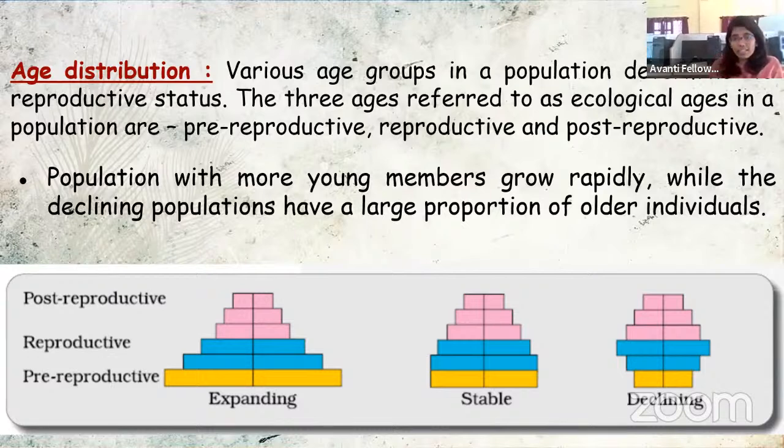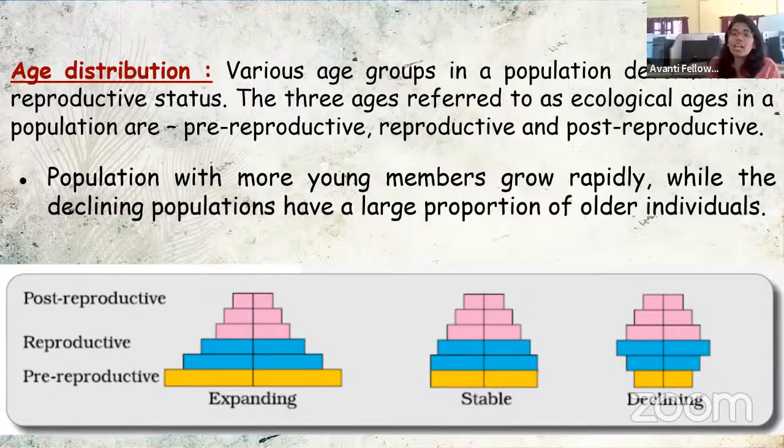If you see the next generation, obviously all these post-reproductive aged people will die. So now what is going to happen? These young people will become old, attaining the post-reproductive stage. And then these children, the pre-reproductive age group, attain maturity for reproduction.